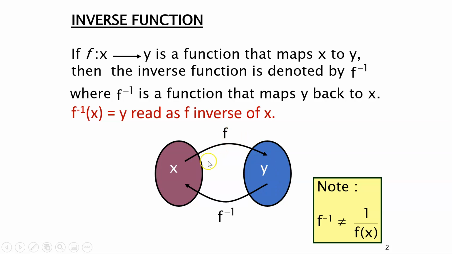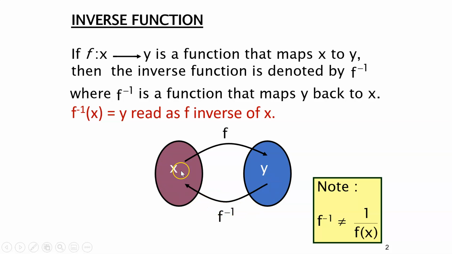So for a function, we start with the x values, we substitute into a function f, then you get an output or y or the range. But for inverse function, it is vice versa, terbalik. So it will start from y, then we substitute the y into the inverse function, then you get x.